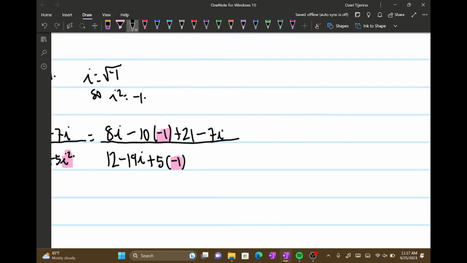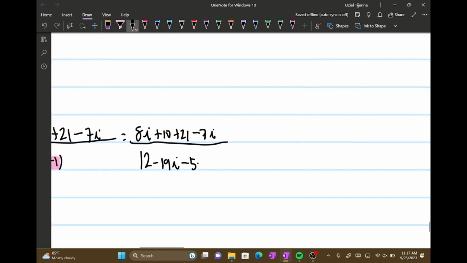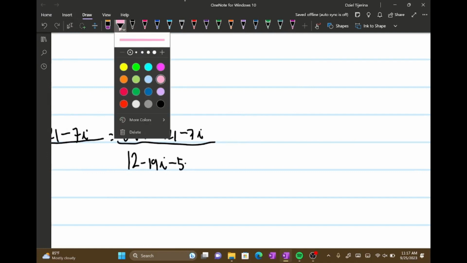Okay, guys. Now we want to go ahead and simplify. So 8i plus 10, and then plus 21 minus 7i, over 12 minus 19i minus 5, just combining like terms.